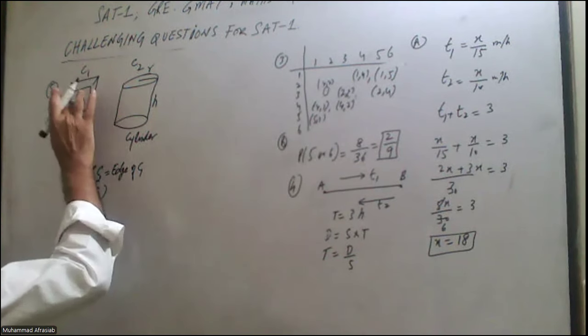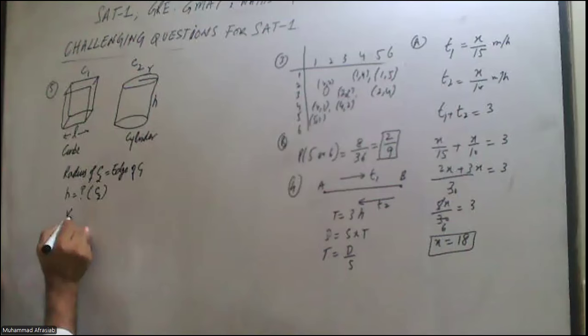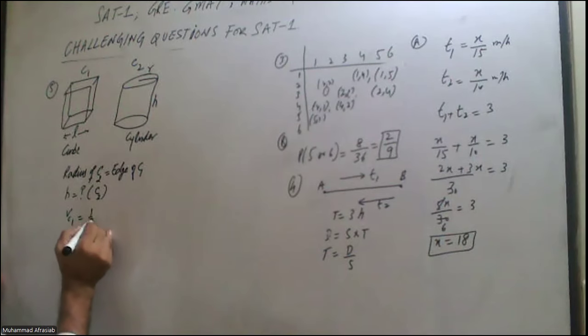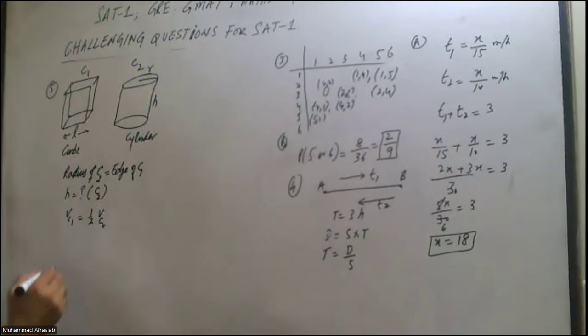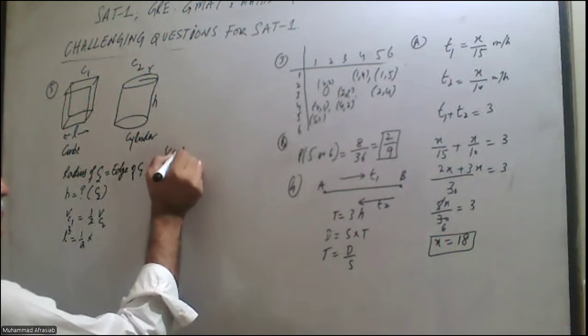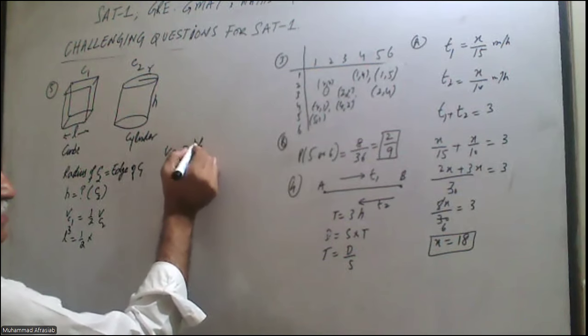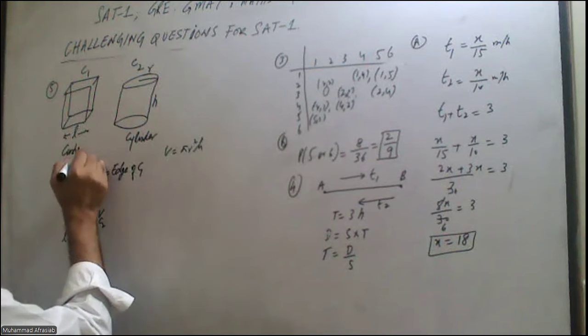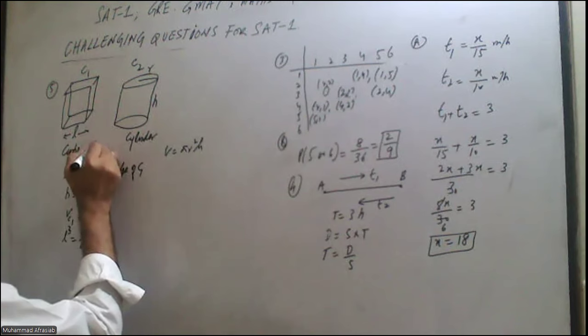So the volume of C1 is equal to half of the volume of C2. The volume of C1 is basically L cube, which is equal to half into the volume of the cylinder, whose formula is pi r square h.